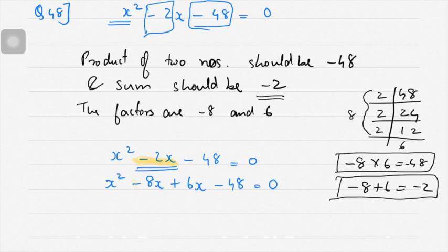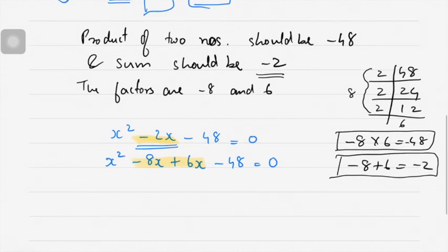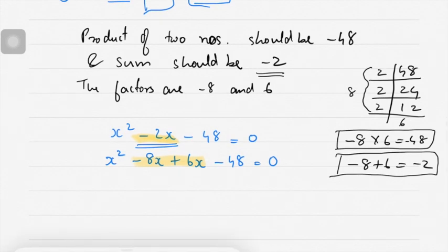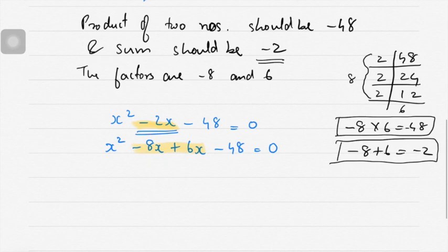Okay, instead of writing minus 2x, I have written minus 8x plus 6x, because minus 8x plus 6x is minus 2x, correct? Okay, I hope everybody is able to understand what I am doing.